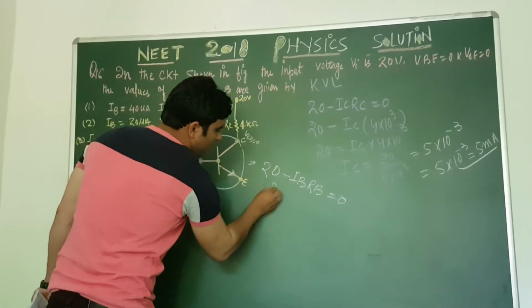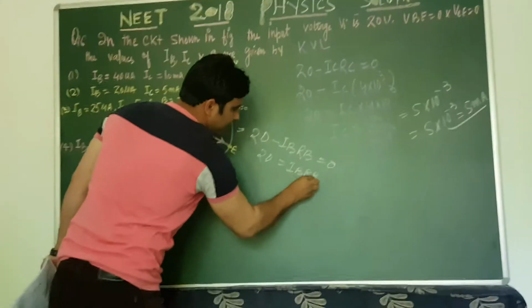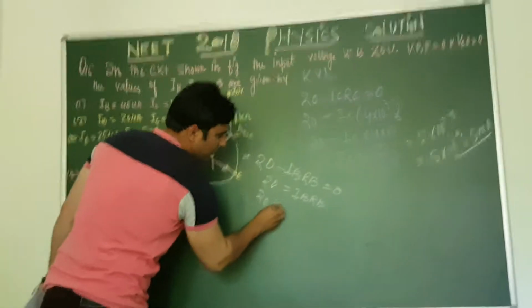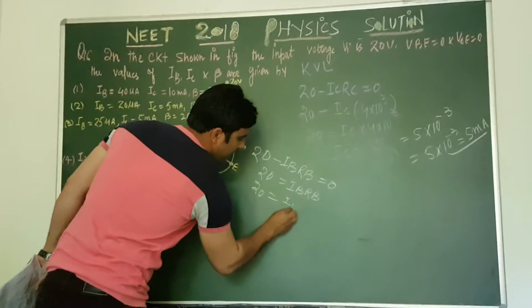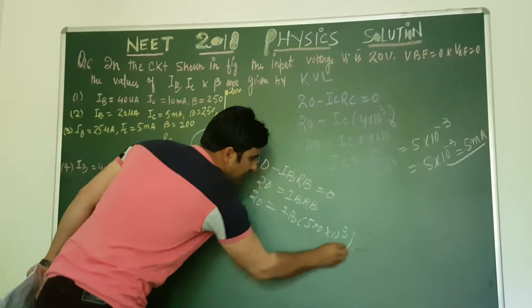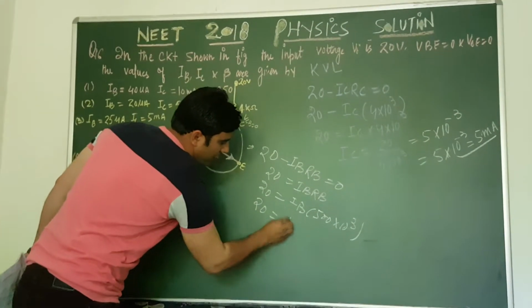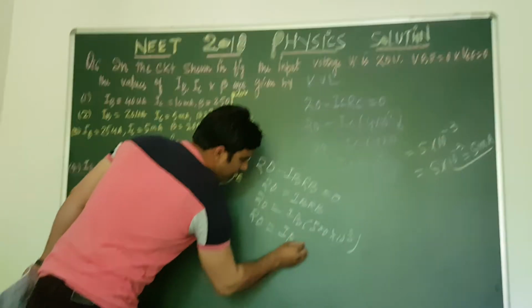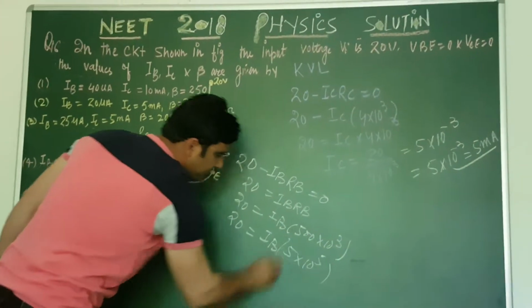So it will become 20 is equal to IBRB. And what is the value of RB? That's 500 kilo ohm. So IB into 500 into 10 to the power 3, which is 5 into 10 to the power 5.